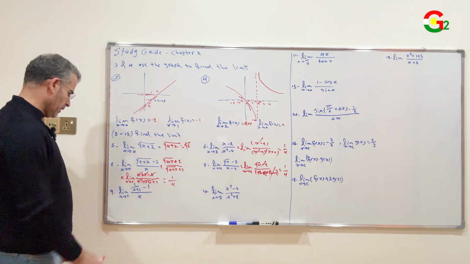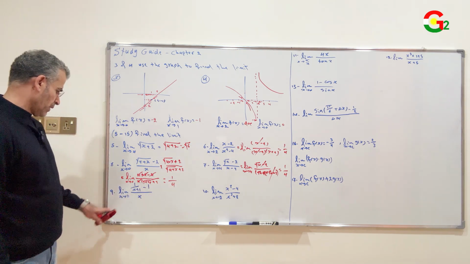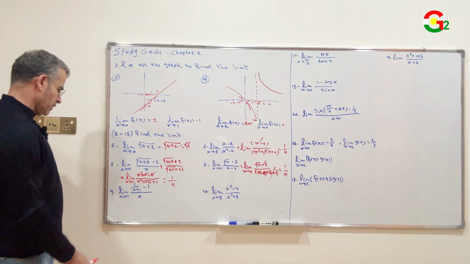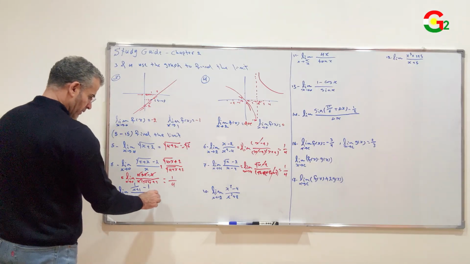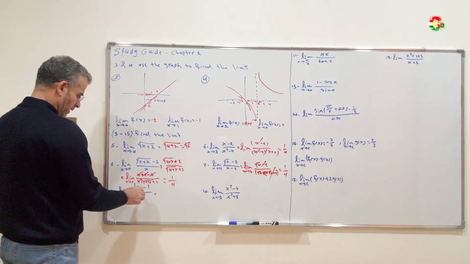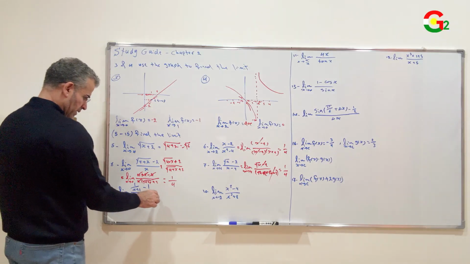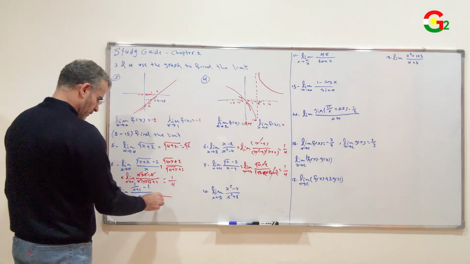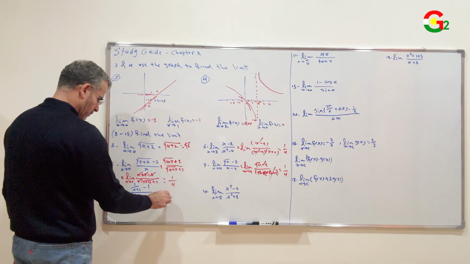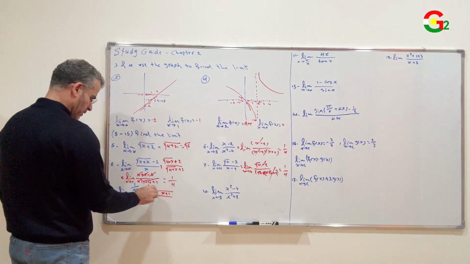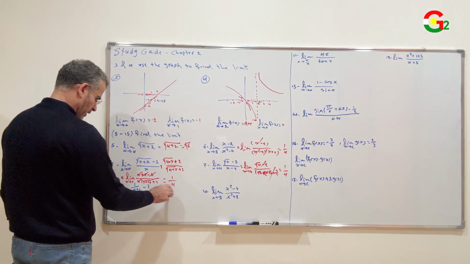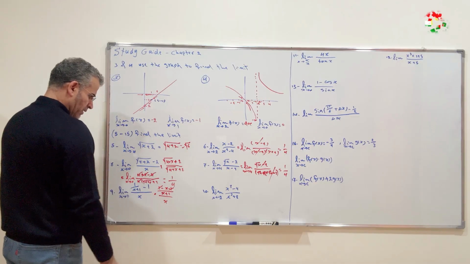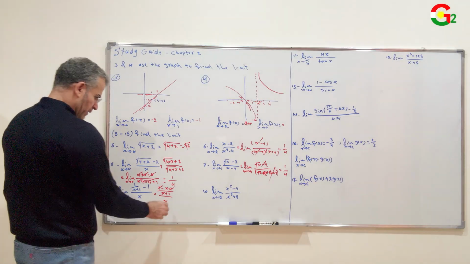Question number 9, 0 is not within the domain of this function, then try to unify the fractions in the numerator. The common denominator is x plus 1, 1 minus x minus 1 over x, 1, negative 1 with positive 1.